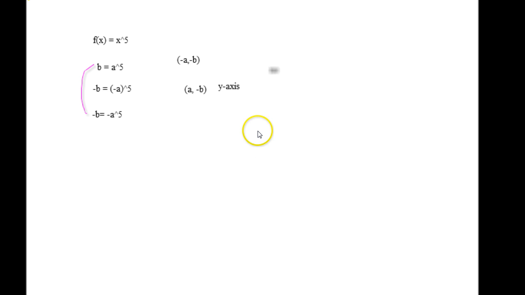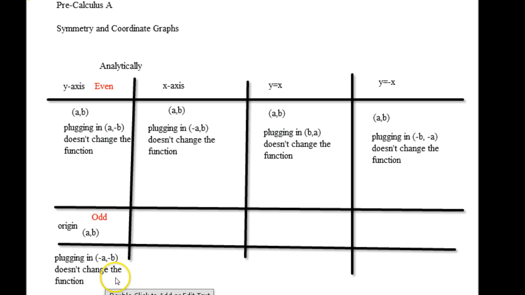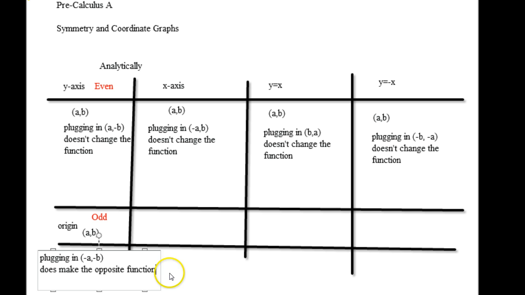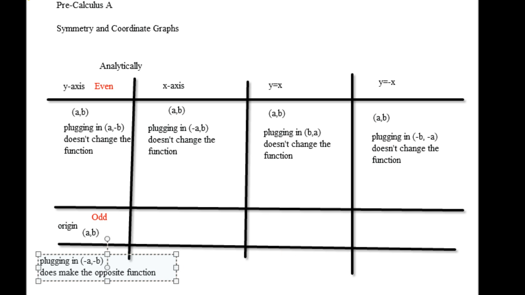I accidentally tested out the origin symmetry first. Now the origin symmetry, I always make this mistake when I have it. Okay, plugging in negative a and negative b does make the opposite function. And that one is going to have to be better explained in a second.